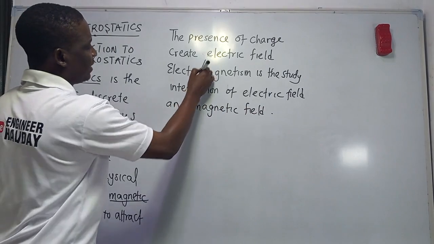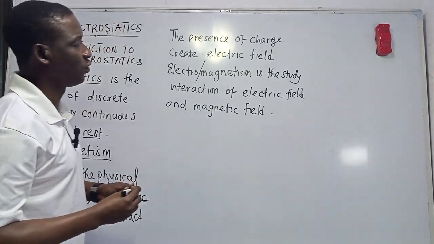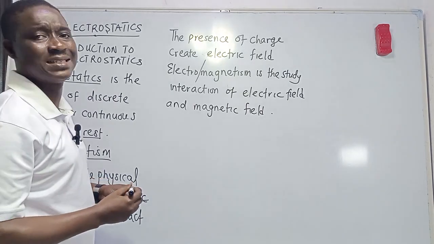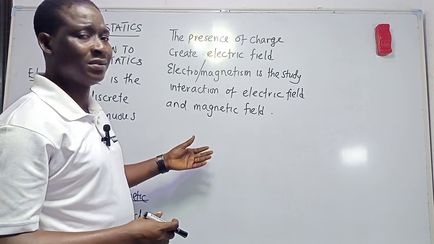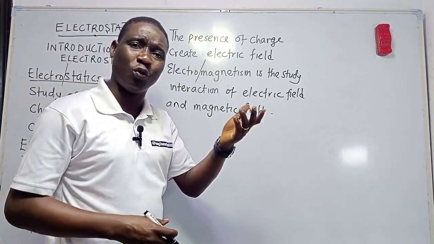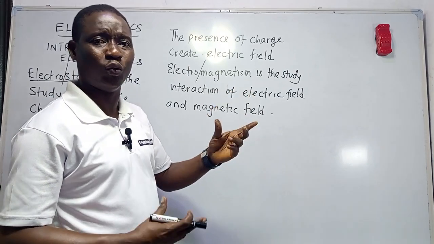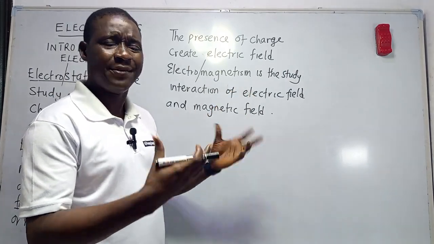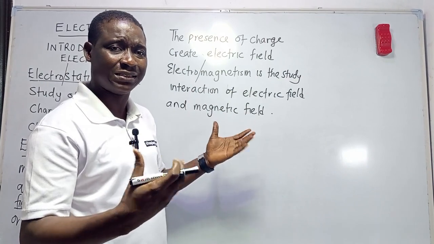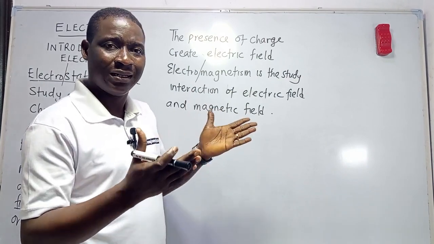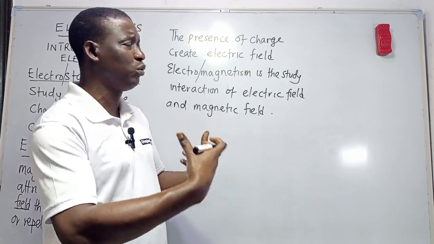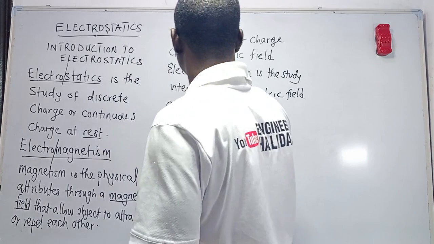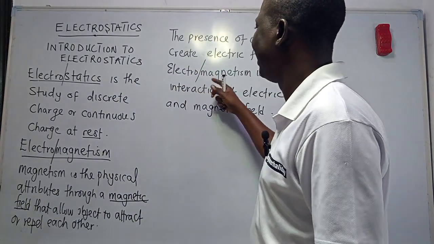So if you split it like this, magnetism is that physical attribute through a magnetic field that allows an object to attract if they are unlike magnets, and repel if they are like magnets. So that magnetic field brought about the electromagnetic field.